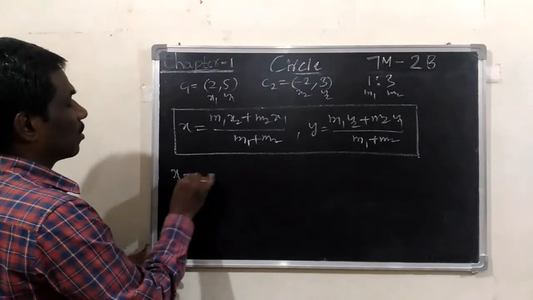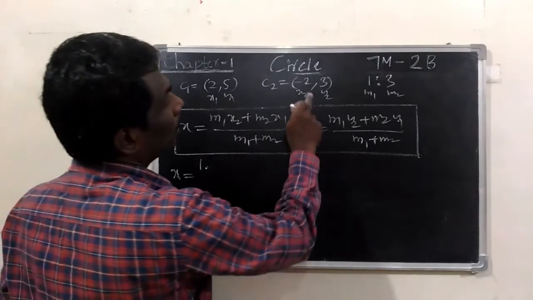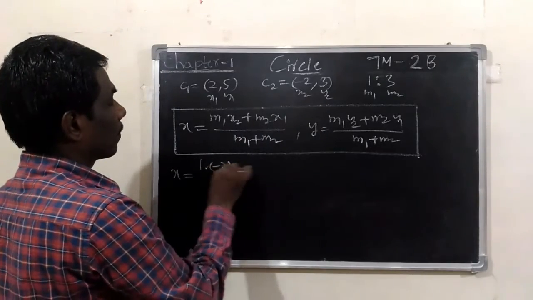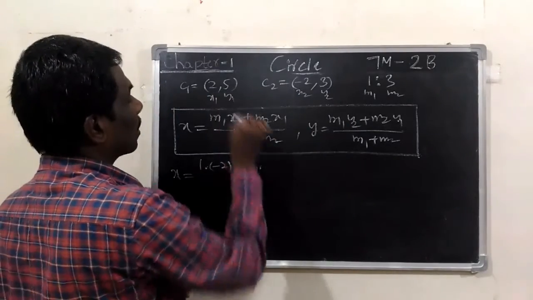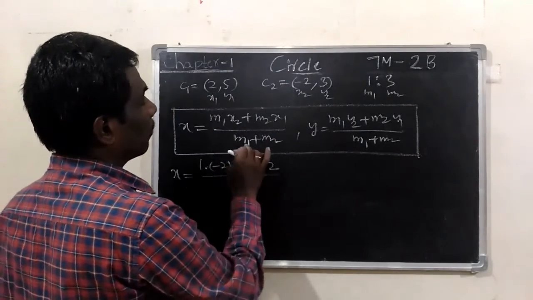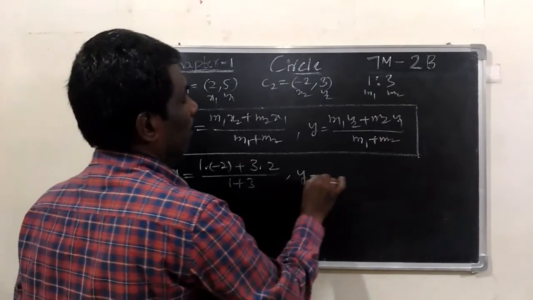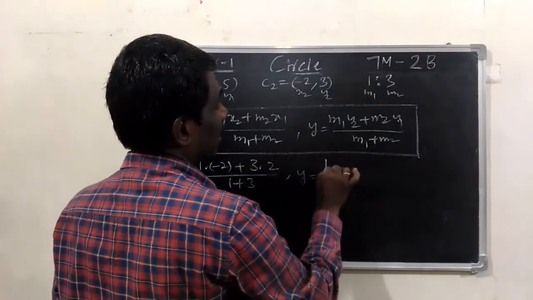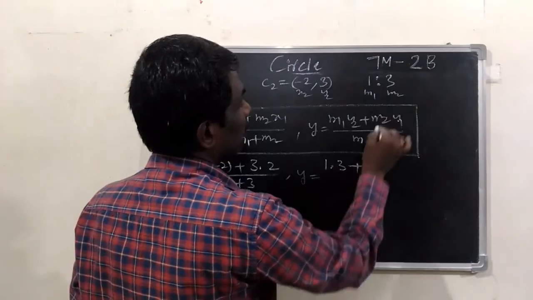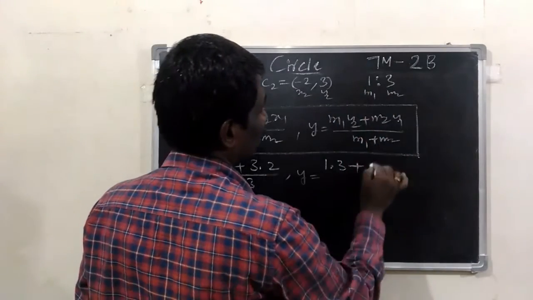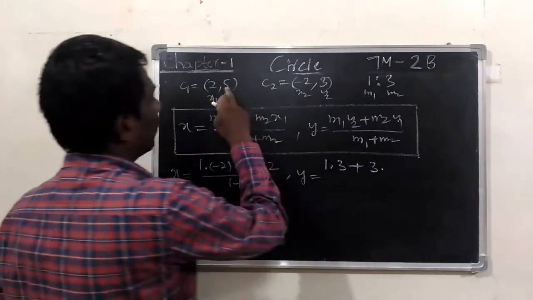So X equals M1, which is 1, into X2, which is minus 2, plus M2, which is 3, into X1, which is 2, by M1 plus M2, which is 1 plus 3. Y equals M1, which is 1, into Y2, which is 3, plus M2, which is 3, into Y1, which is 5, by 1 plus 3.